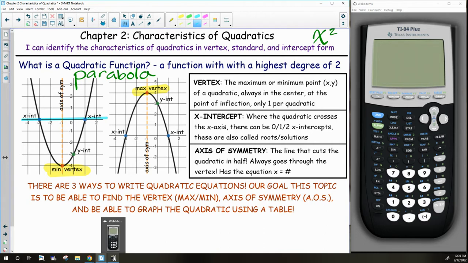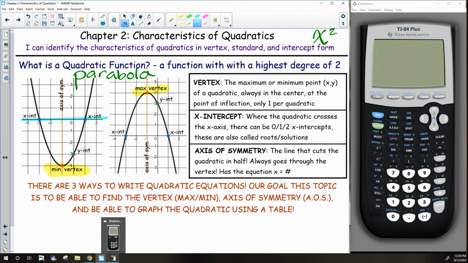Okay? What's most important is you understand that x-intercepts have a lot of different names. We call them x-intercepts. We can call them roots. We can call them solutions. We can even call them zeros. Okay? We're not going to be finding x-intercepts today, but you do need to know where they are. Again, it's all about could you look at a graph and find them.